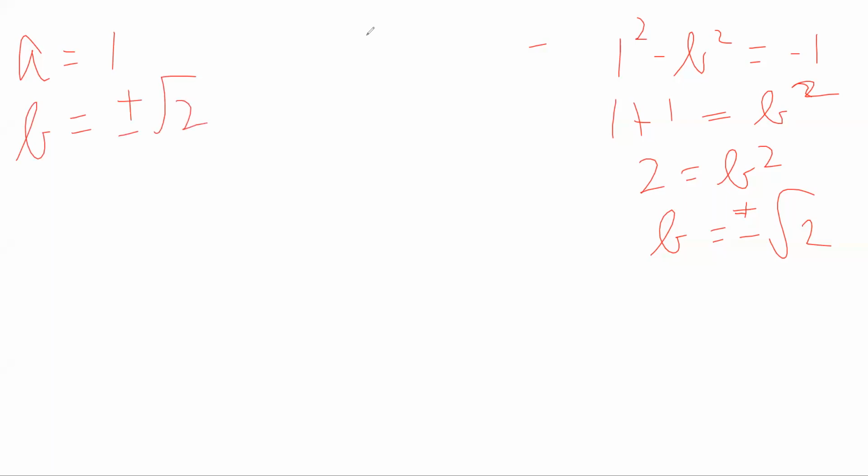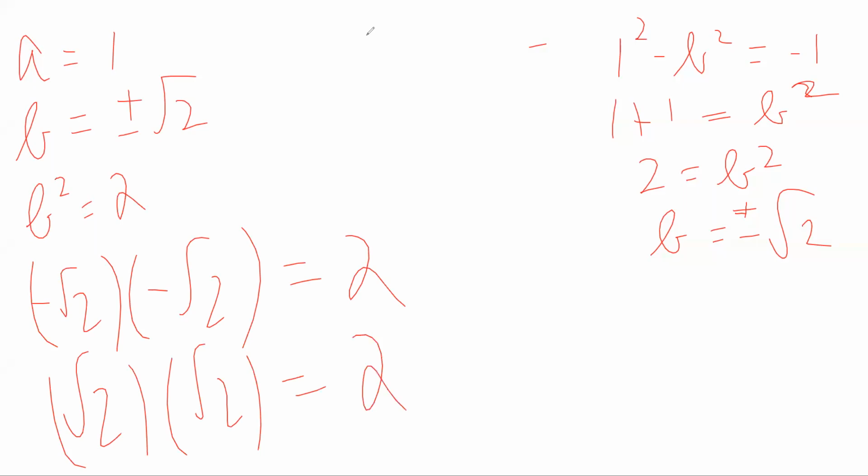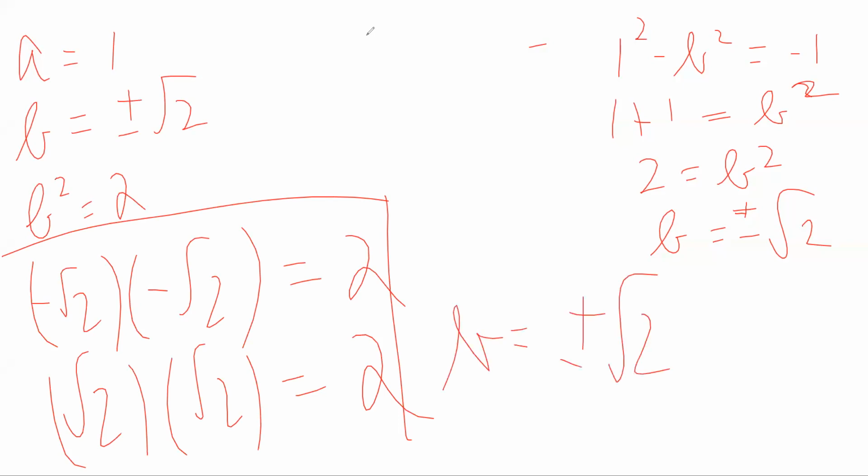Why plus or minus root 2? Because b square is equal to 2. When you take minus root 2 into minus root 2, you also get 2, because minus of minus is plus. And root 2 into root 2 also gives 2. Therefore, because of this, we are taking b to be plus or minus root 2.